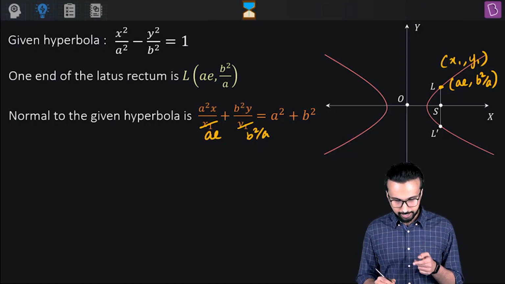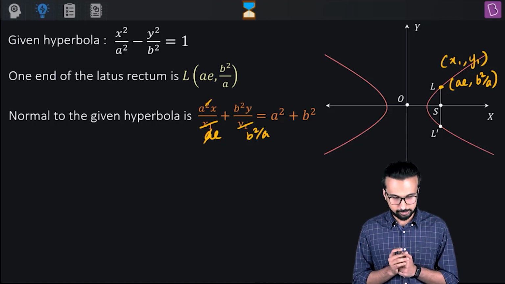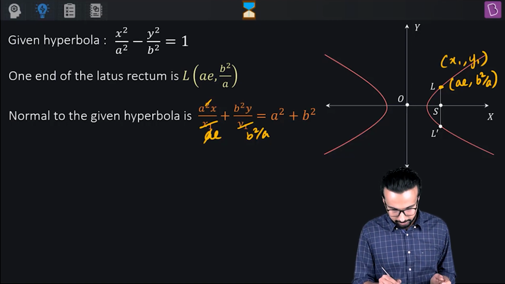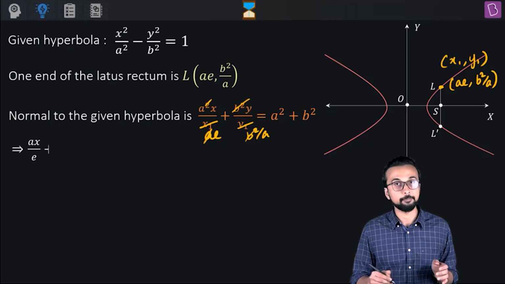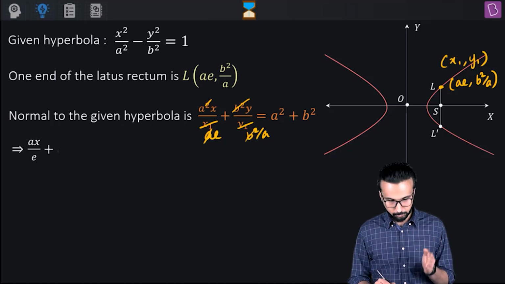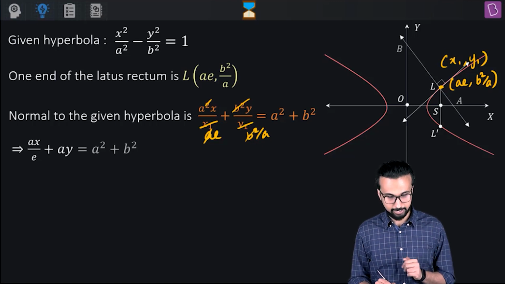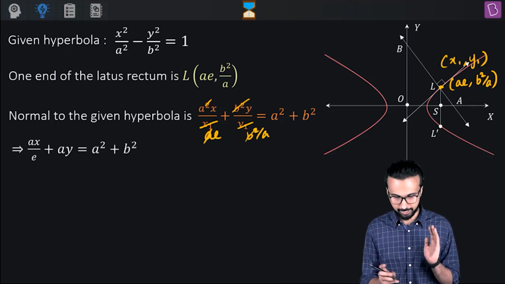It becomes AX. So, you can see A cancels out and A square cancels out from the numerator. We get AX by E plus. Here we can see that B square terms cancel out. A bumps to the numerator. So you get AX by E plus AY equal to A square plus B square. Okay, we have this much with us.